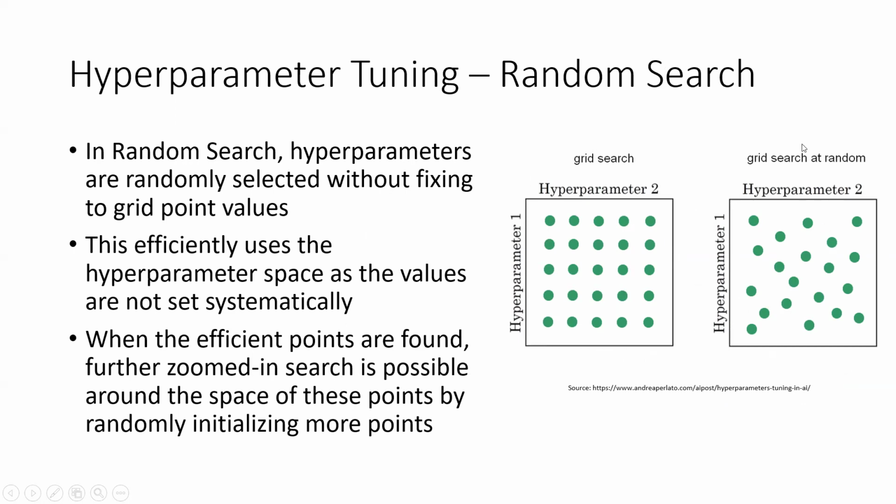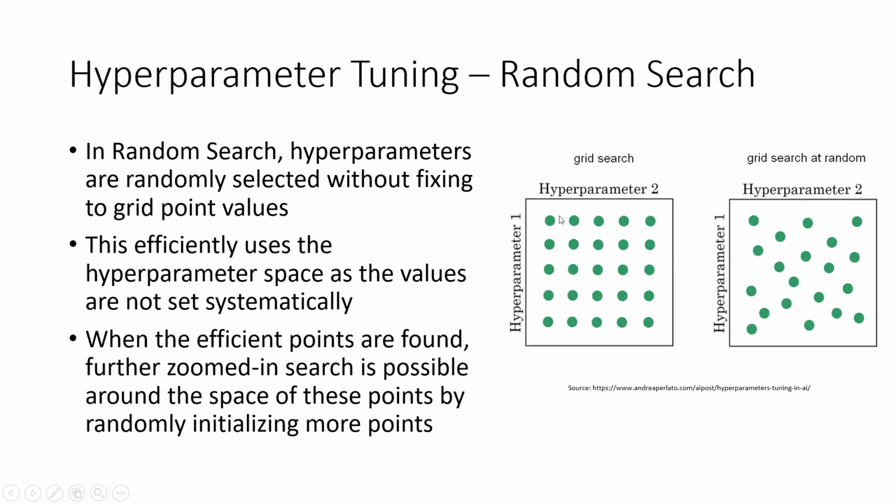But in random search, we select some random values for hyperparameter 1 and hyperparameter 2. So with this technique, you do not have only a few values for hyperparameter 1 and hyperparameter 2, but many different hyperparameter values, right?